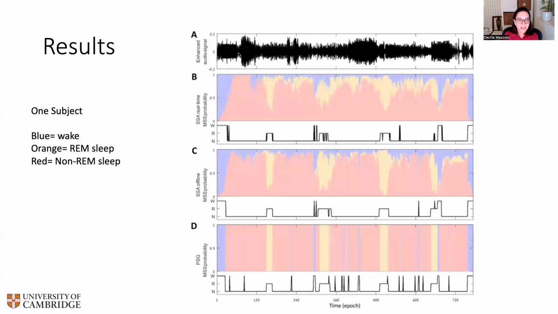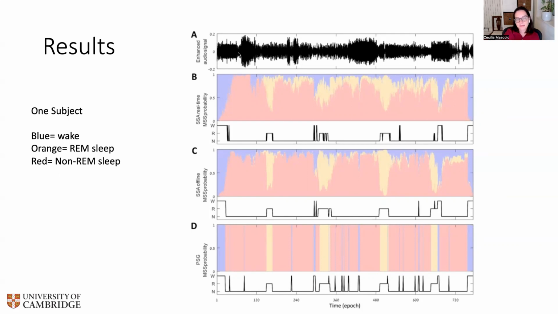So how well does this work? Well, this is the example for one subject. At the top, you have the audio signal, enhanced, meaning that it's processed. And the first one is the probability of the signal being blue, wake, orange, REM sleep, red, non-REM sleep.